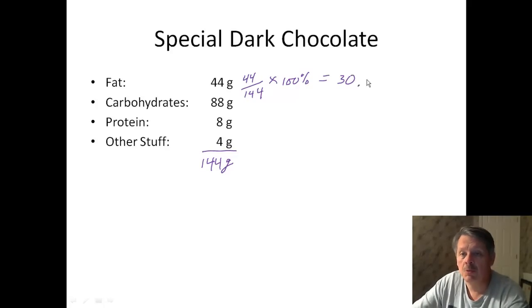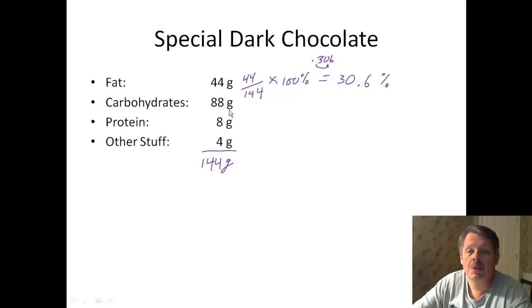If you hadn't multiplied by 100, you would have gotten 0.306. When I do this on a calculator, I'll take 44, divide by 144, I'll come up with 0.306, and then I'll move the decimal point, just because I'm too lazy to multiply by 100. You choose whether you want to do that or not. But this is a percentage.